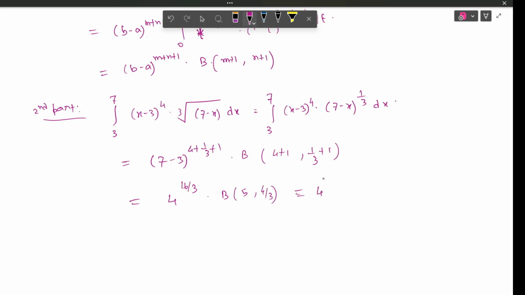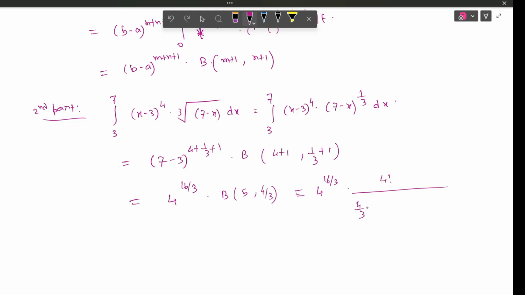So it would be 4 to the power 16 by 3 into, this is 5, so we will have gamma of m minus 1, right? So it would be 4 factorial by n into n plus 1.